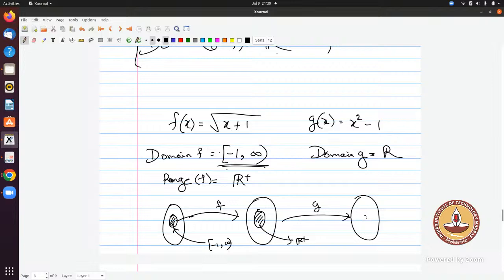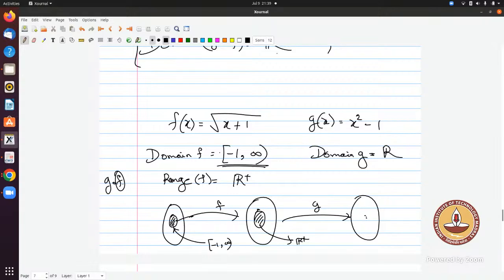So for g compose f, first we have to apply f, right? So where can I take the elements from? From minus 1 to infinity. Other than that, I cannot take any element. Then I am applying f, and what is the range of f? This is R plus, all positive numbers will come. And the domain of g is whole R. So eventually g can be applied on the range of f.